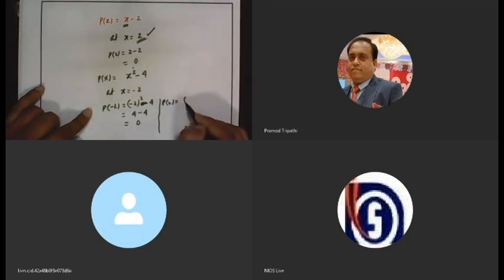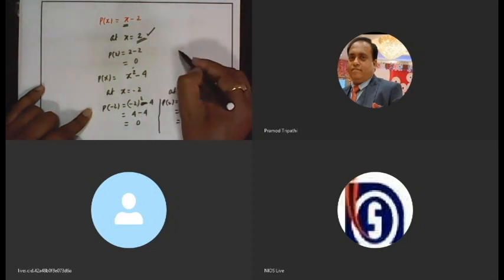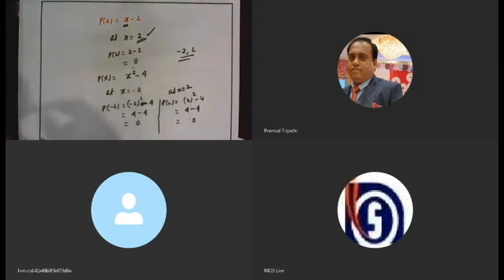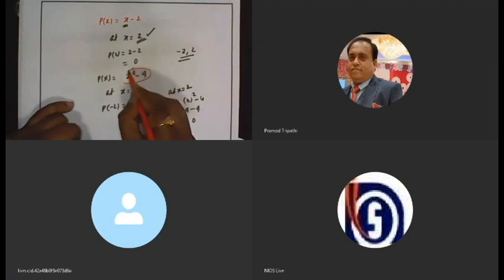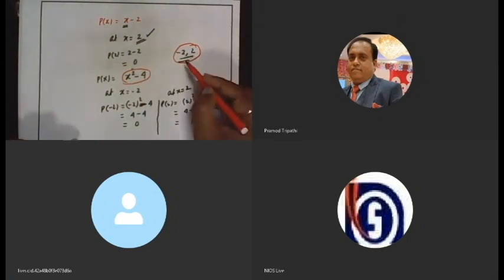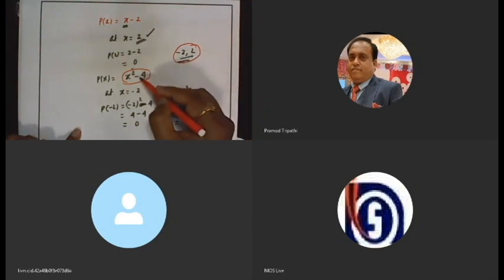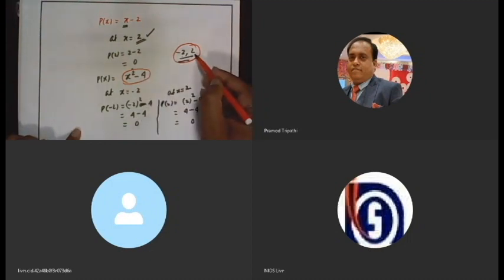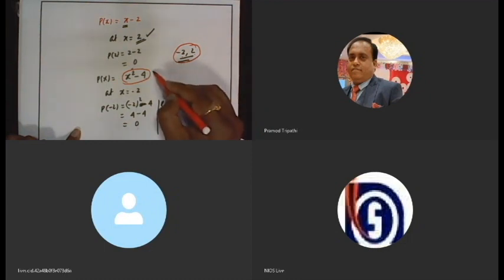At x equal 2, 4 minus 4 equal 0. So there are two zeros in the case of this quadratic polynomial. At minus 2 it is a zero, and at 2 the polynomial also gives the value 0.